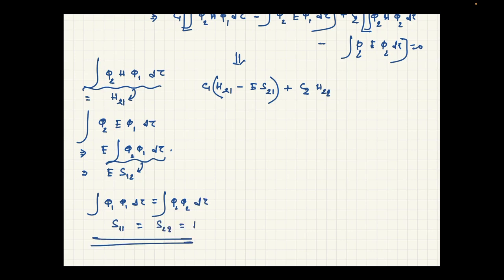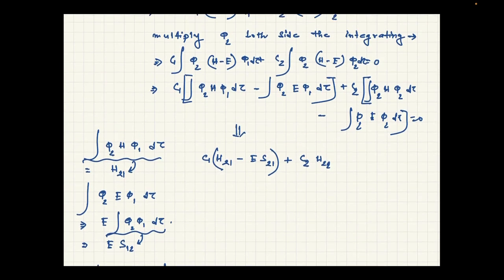This is the overlap integral normalization condition; it will be 1. So you get H22 minus E equal to 0.